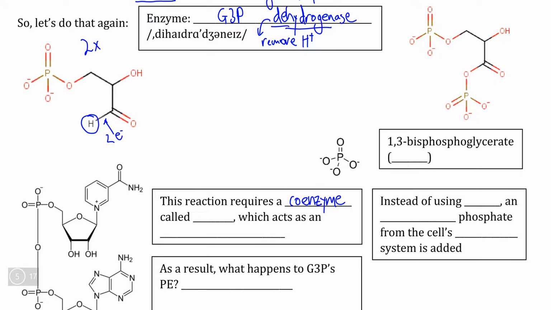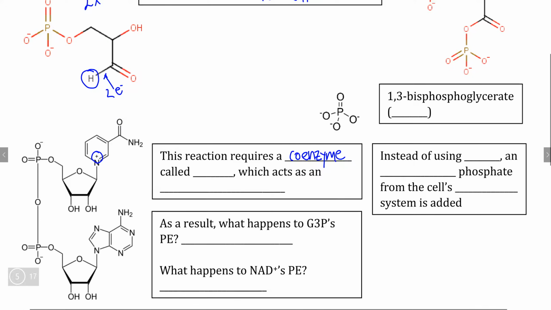Now, this means that we need a fairly strong positive charge, which actually comes from the coenzyme here, which is what we call NAD+. And for those that want a mouthful of a name, this compound is what we call nicotinamide adenine dinucleotide, again referring to the nitrogenous base that we see here.